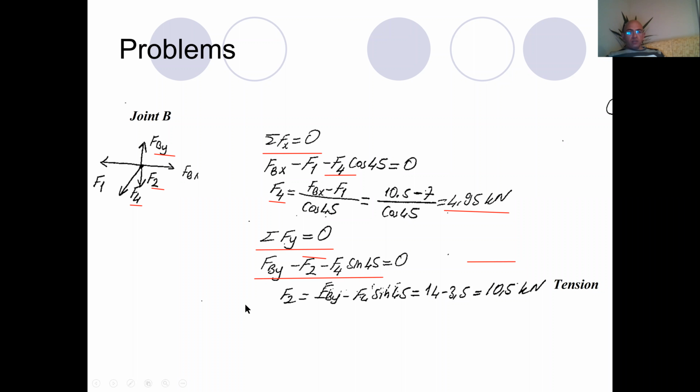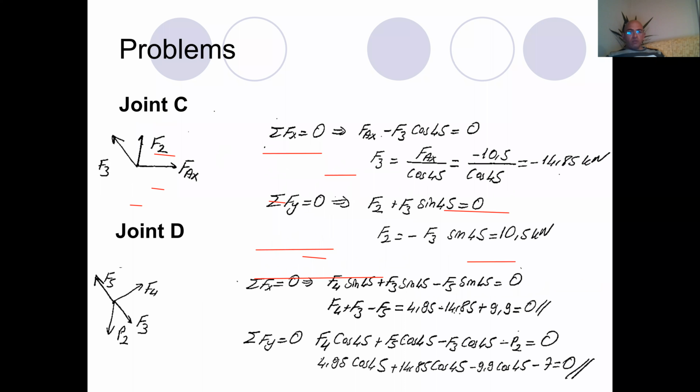Now we have found the force that comes to F4. Now let's focus on joint C support. So at joint C, we have F2 and F3. We already calculated the value for F2.